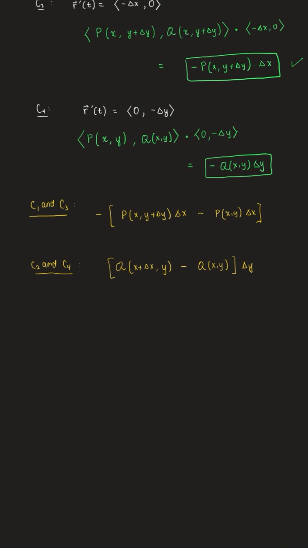But something to think about here is that we want to see how we get that curl, right? But let's notice that the partial of p with respect to y can be written as the limit as delta y approaches 0, only y is changing, of p at x, y plus delta y, minus p at x, y, divided by delta y.